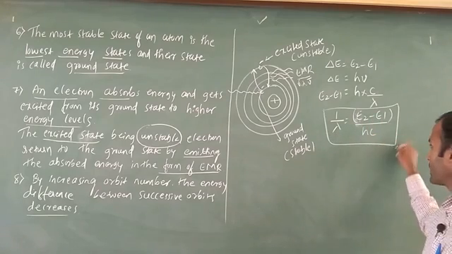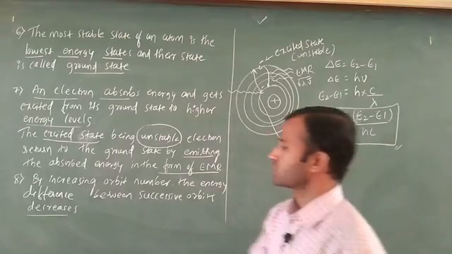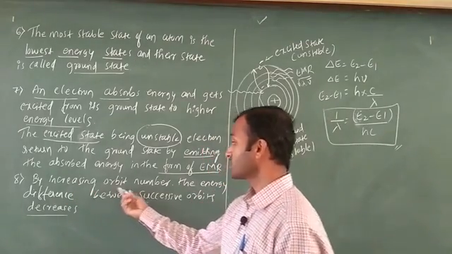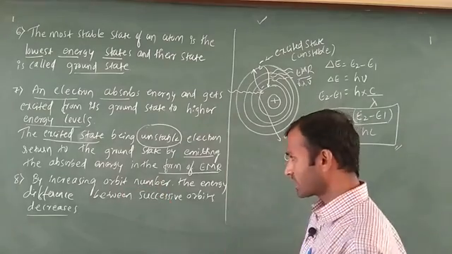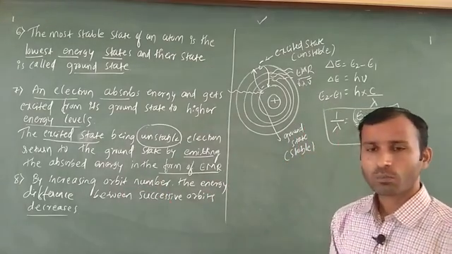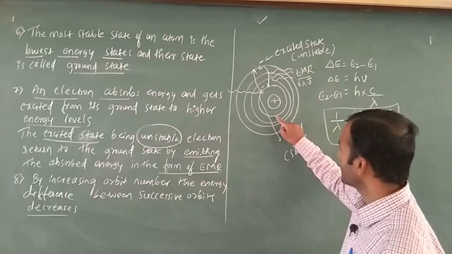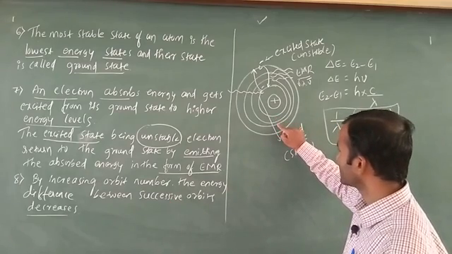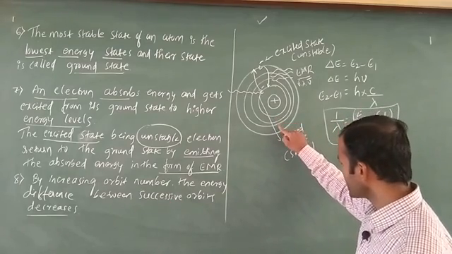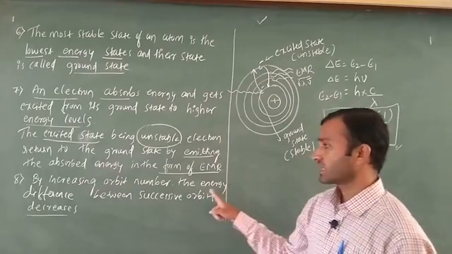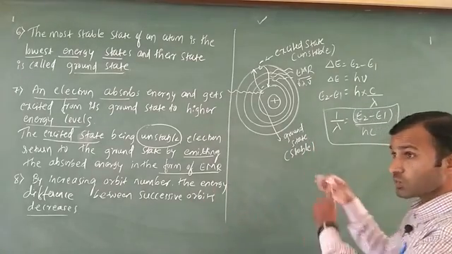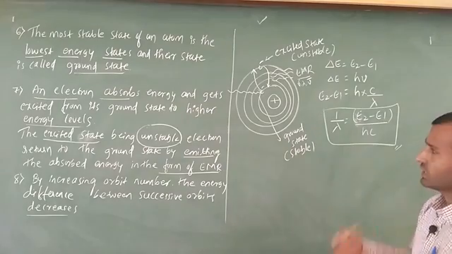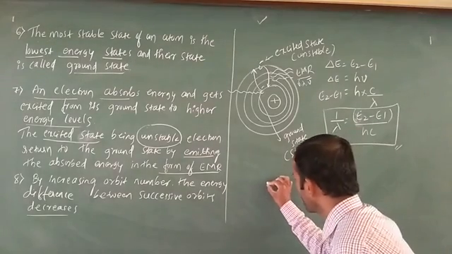Okay, right. The next one, the last one, is the eighth postulate: by increasing orbit number. What is the meaning of increasing orbit number? Here is orbit 1, orbit 2, orbit 3, orbit 4. When the orbit number increases, the energy difference between successive orbits decreases. Let me draw it one more time.